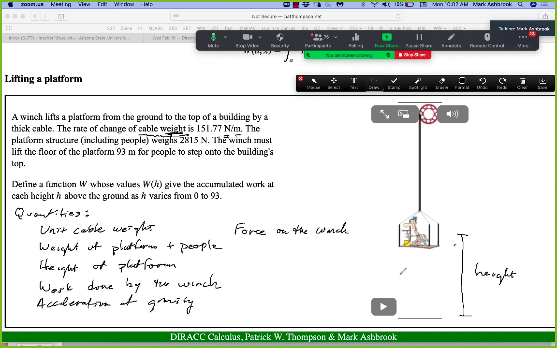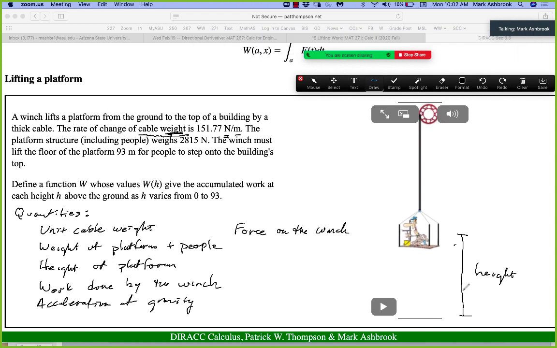Okay, so there's another really important quantity here, and it's kind of related to the height, but it's not the height. The height is not going to directly get us the work, but the height is super important. What's that? How much cable there is left? Yeah, so the length. The current length of the cable.